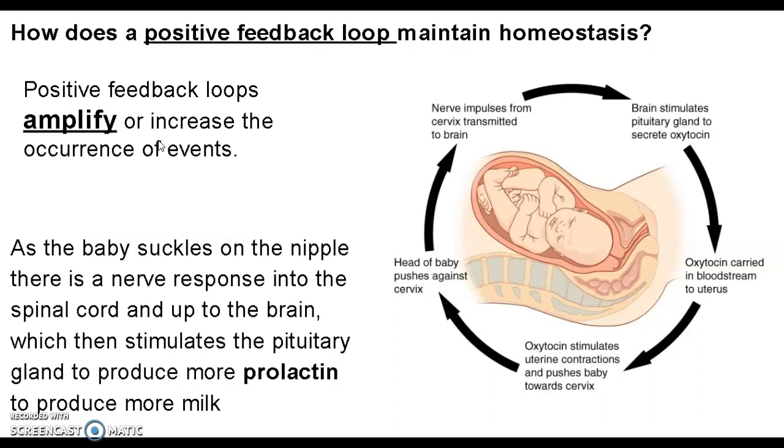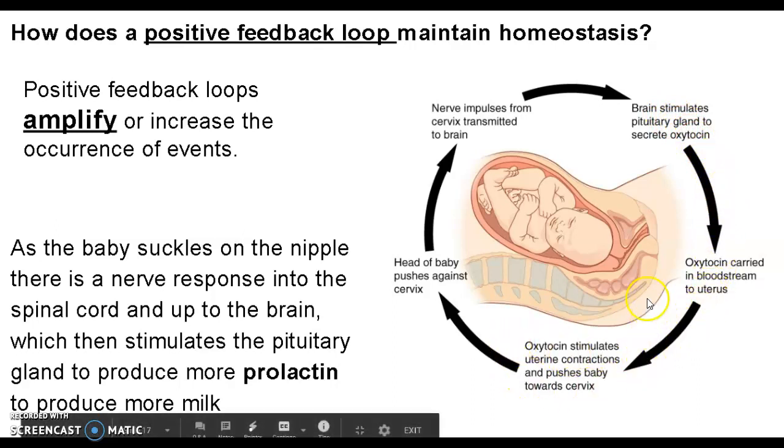So, how positive feedback loops happen is that we have an initial stimulus. In this childbirth example, that initial stimulus is that the baby gets big enough so that the head presses on the cervix. Once that happens, a signal is sent to the brain, and the brain releases a hormone called oxytocin. And that oxytocin then travels through the blood to the uterus, which causes the uterus to contract.